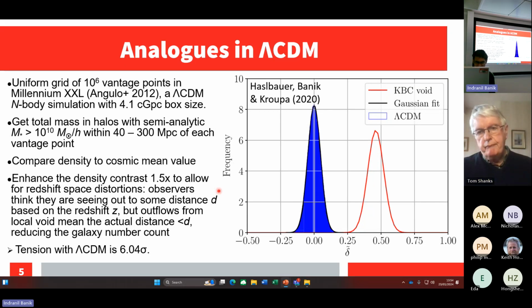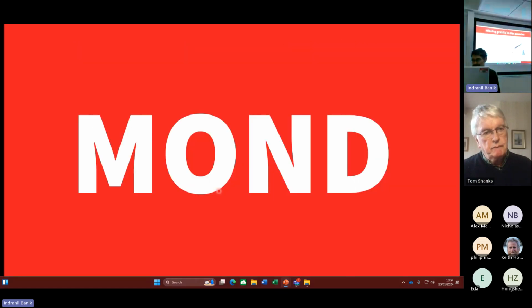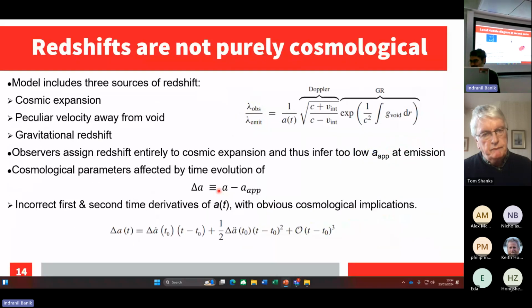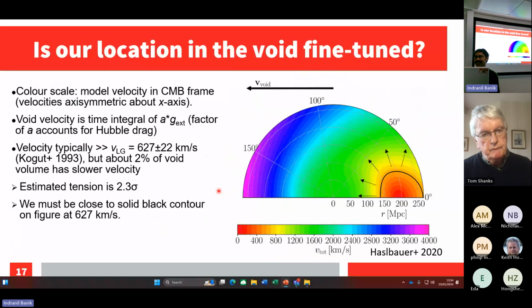Well, first, can I answer the second part of this first? Regarding the idea of us being a non-Copernican observer. Clearly all observers are not exact. What has been argued is that our position in the void might be a little bit fine-tuned. But we look into this pretty carefully in terms of the local peculiar velocity of 630 kilometers per second, which is a little bit low compared to the model, as typically it's higher.